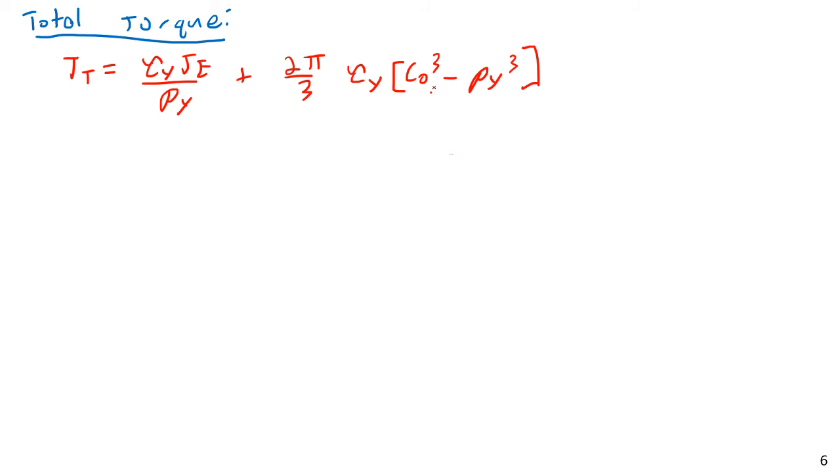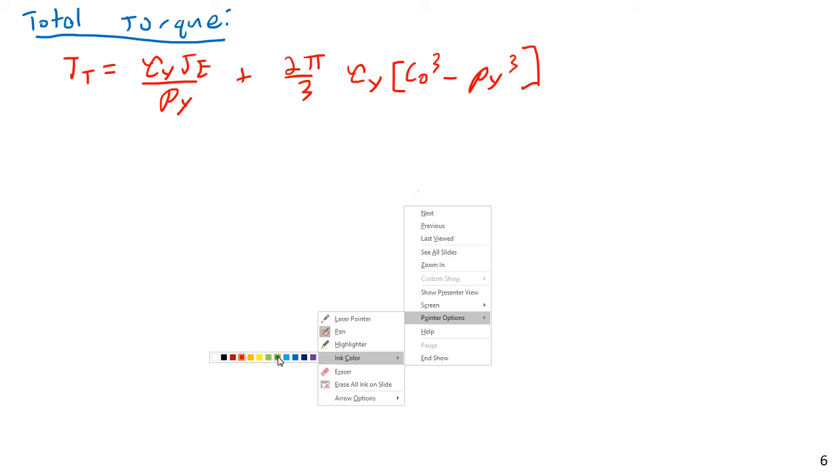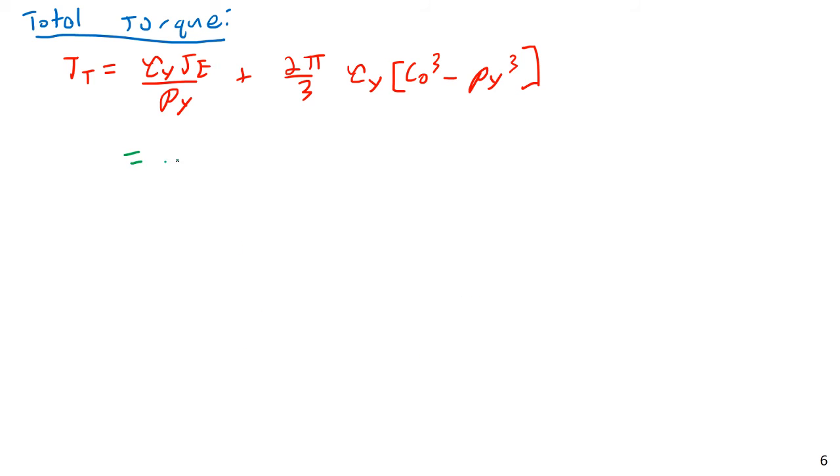And the outer radius again is 3 inches. If we just plug all this in, we will find that the total torque is equal to 986.2 kip inches. Total torque. And that concludes problem 2.